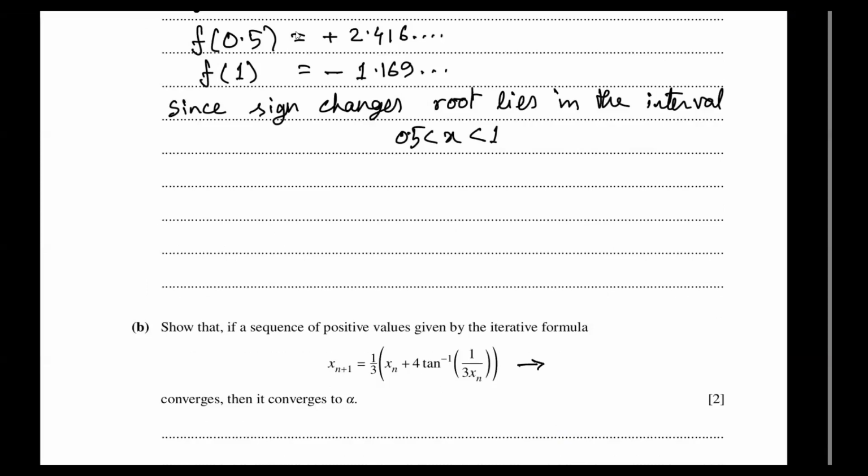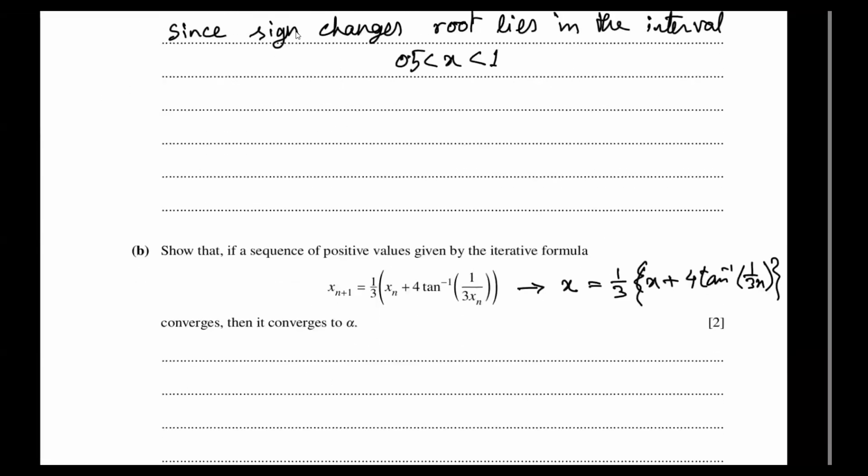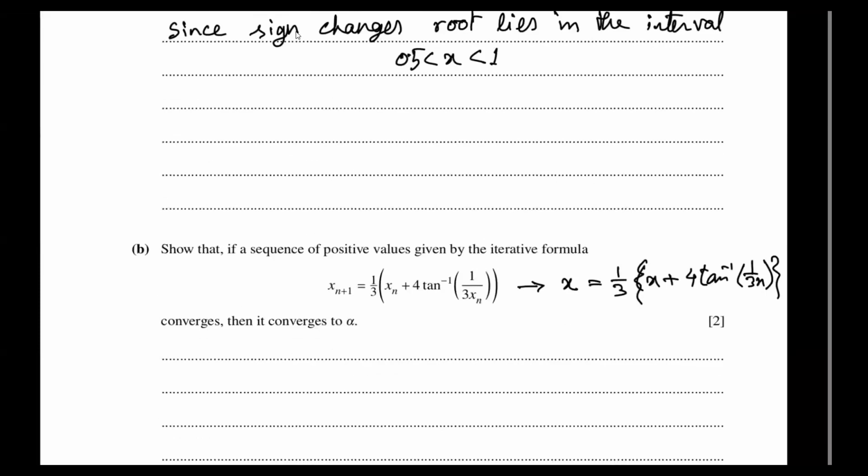The alternative formula, if we remove n and n plus 1, is x equal to 1 by 3 (x plus 4 tan inverse 1 by 3x). If you can show this by rearranging our original equation, then it will prove this statement.